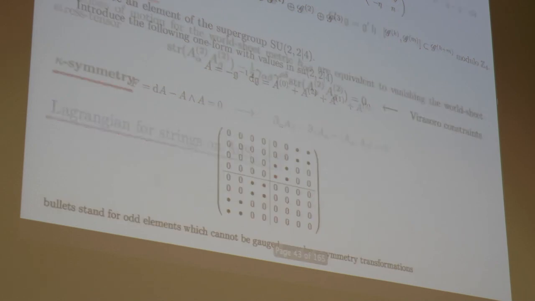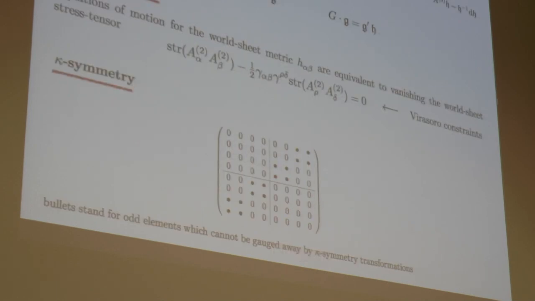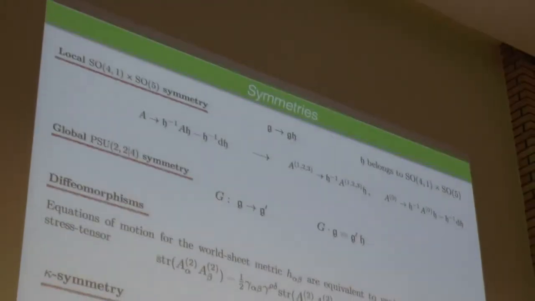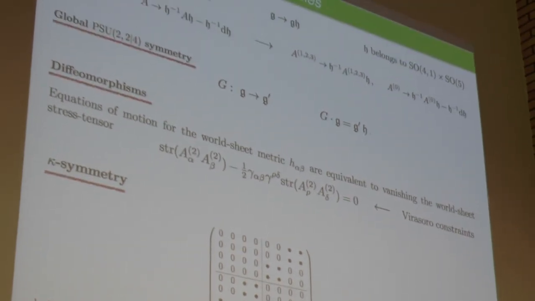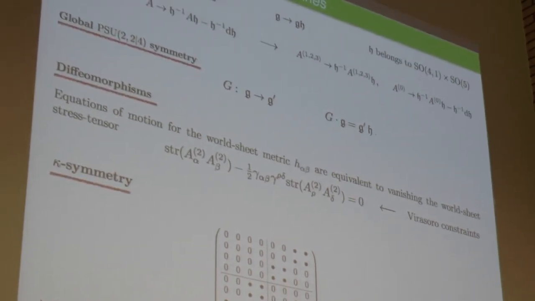We wanted to construct the coset action. The second thing is what you asked me about, which is a symmetry. So global symmetry, PSU(2,2|4). And this symmetry acts on the group element by multiplication from the left. And what you do is the following.